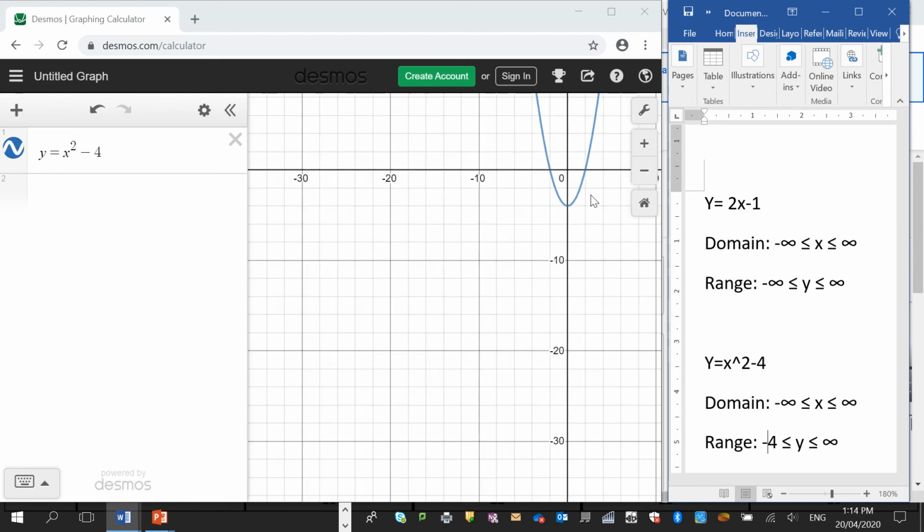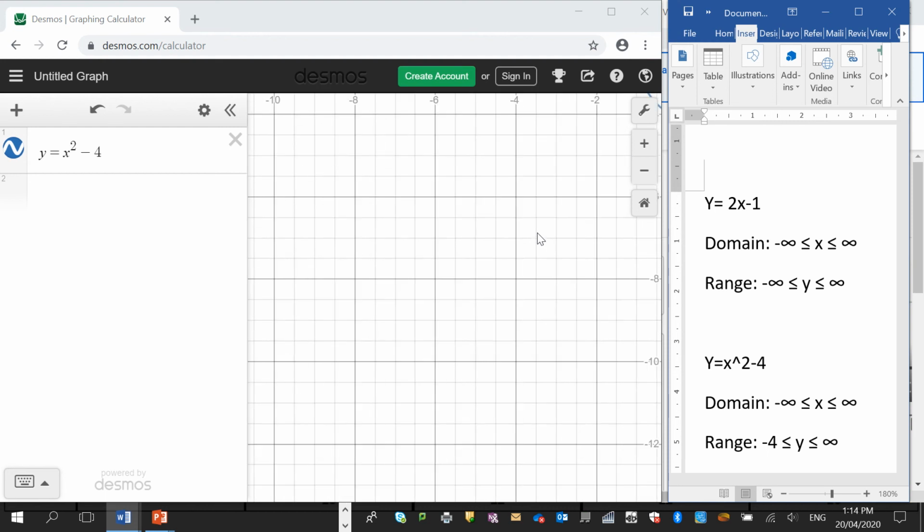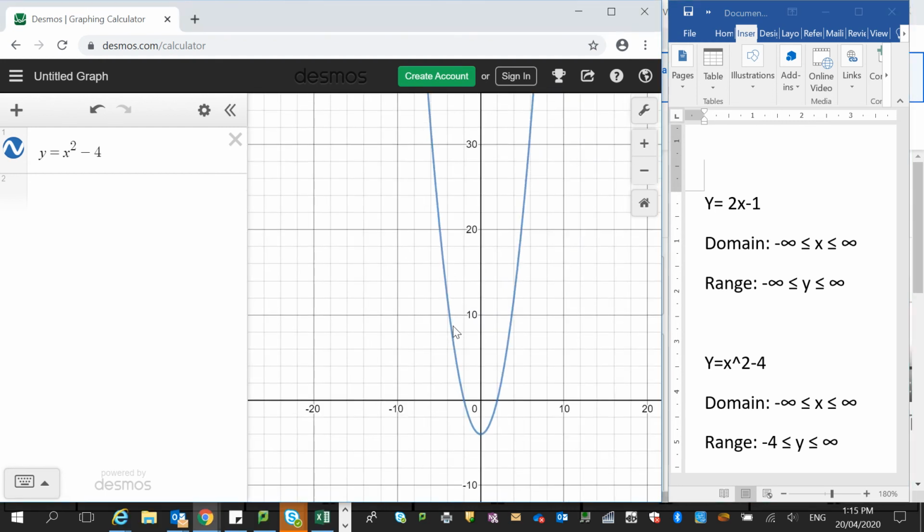However, the graph goes quite happily up to positive infinity. But the lowest point this graph will ever reach is negative 4, which is why the range is from negative 4 up into infinity.